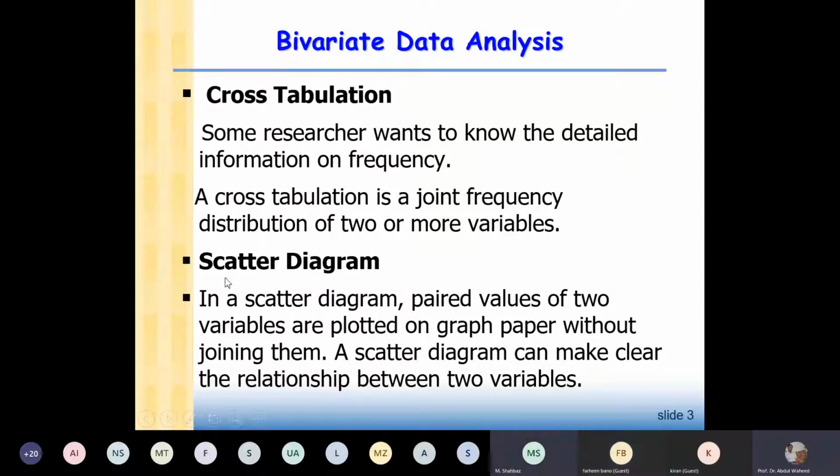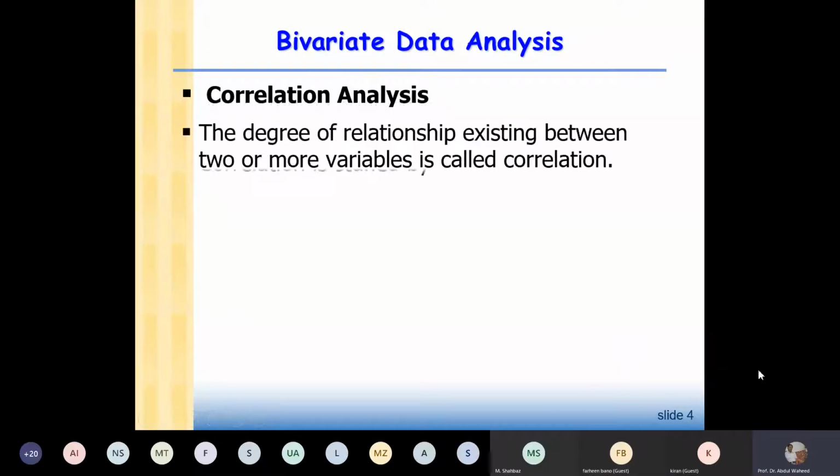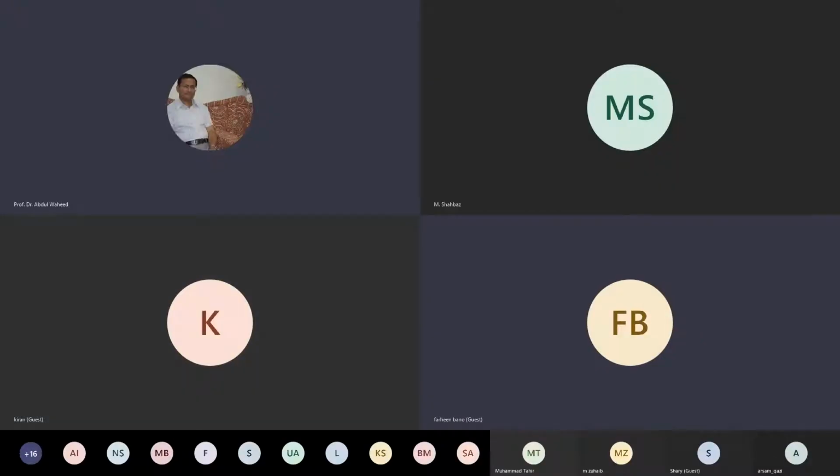So in a scatter diagram, we plot the paired values of two variables on graph paper without joining them. So we will not join these. Let me show you the scatter plot.